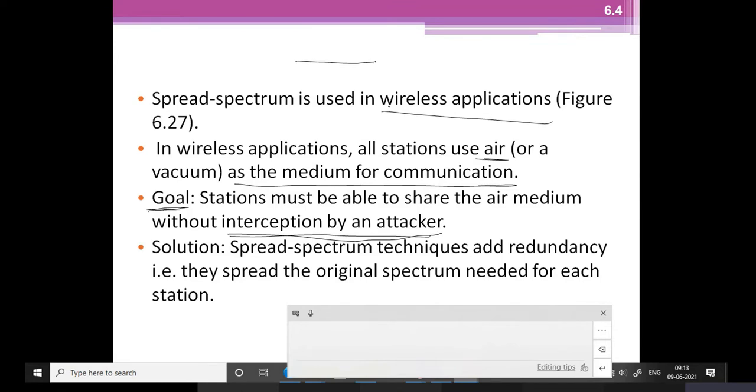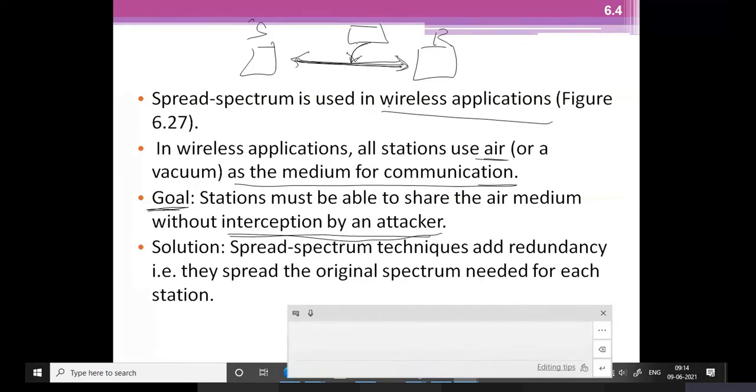Consider I am sending a sequence of data from device 1 to device 2, sender and receiver. There may be an attacker here who tries to observe what data I am sending. He will have some technique to access the data transmitting through the media or link, and he will be able to analyze that data.